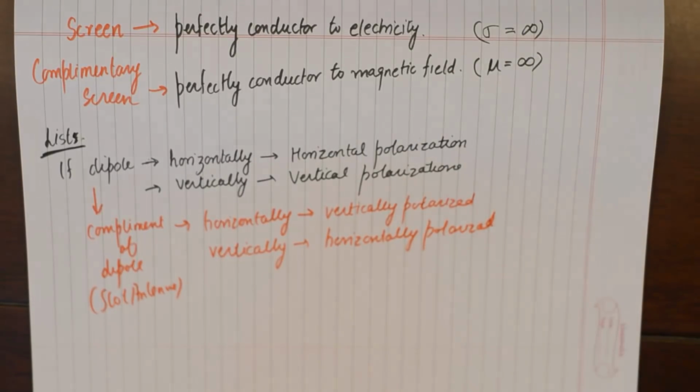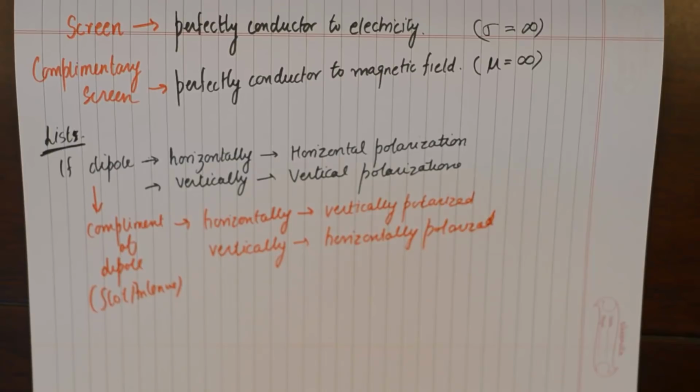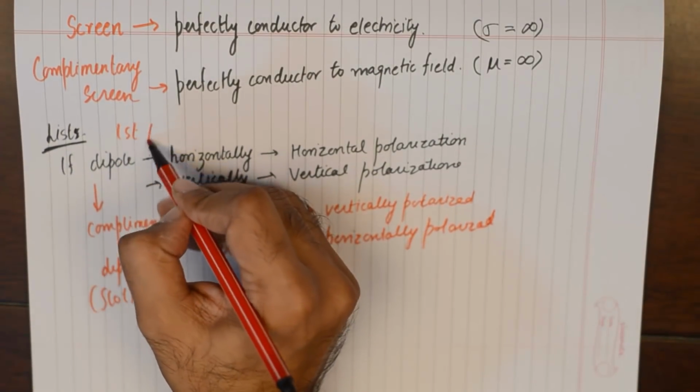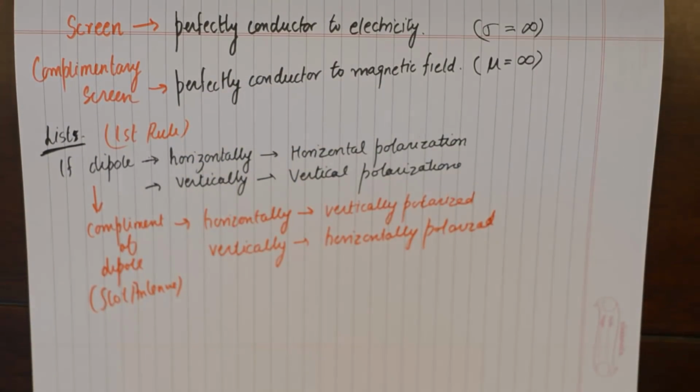Now, creating a complement of an antenna would change the polarization of the antenna. That is the first rule that you need to remember, which applies to slot antenna also. That is really helpful.